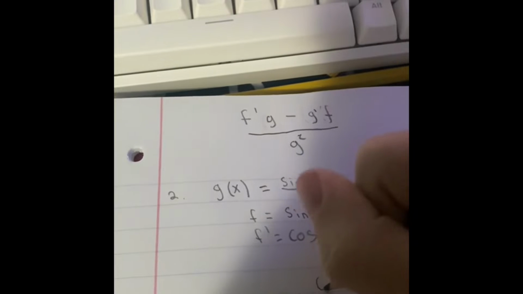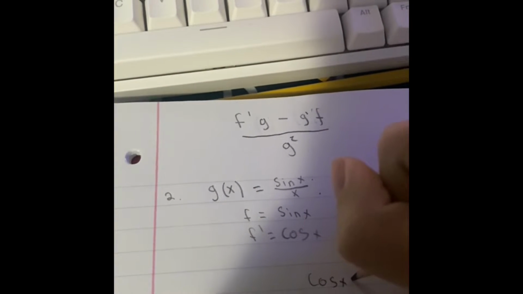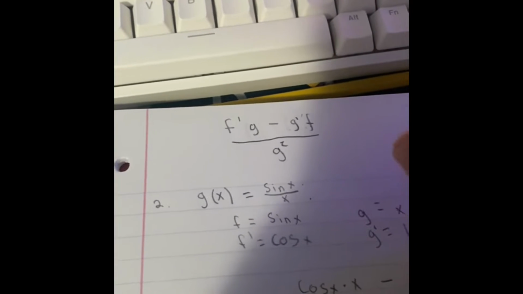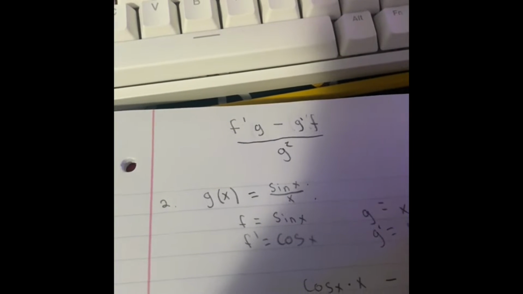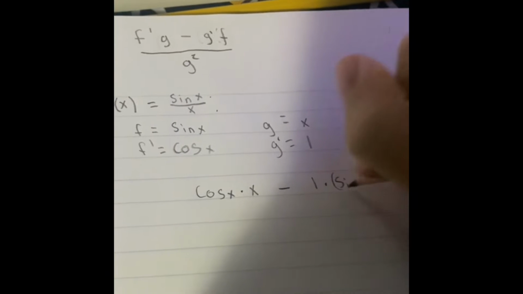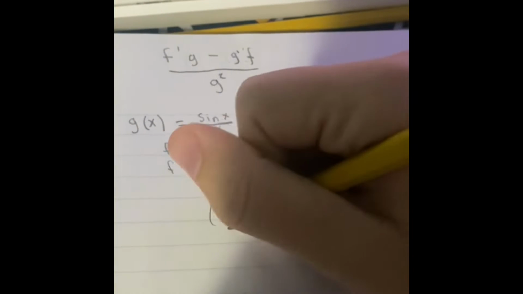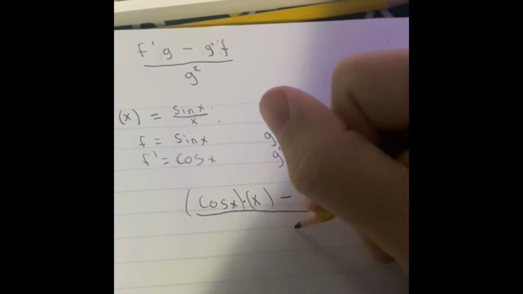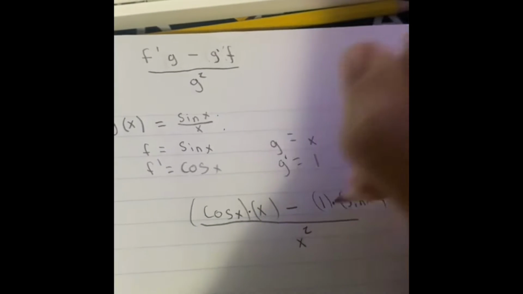So you end up with cosine x times x minus 1 times sine x all over x squared.